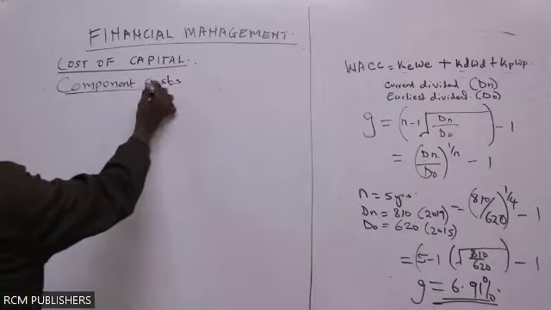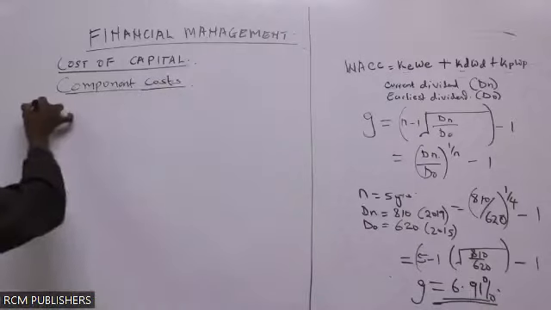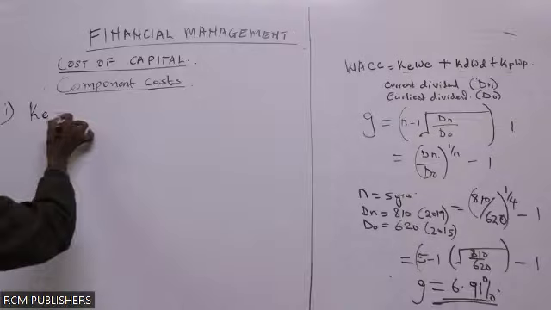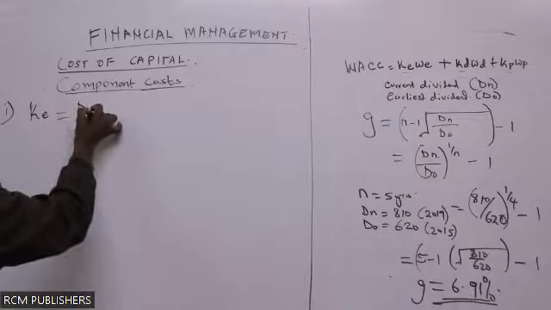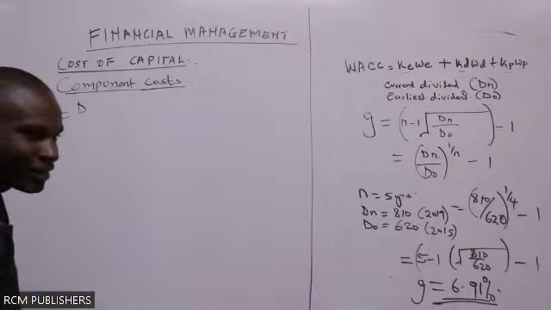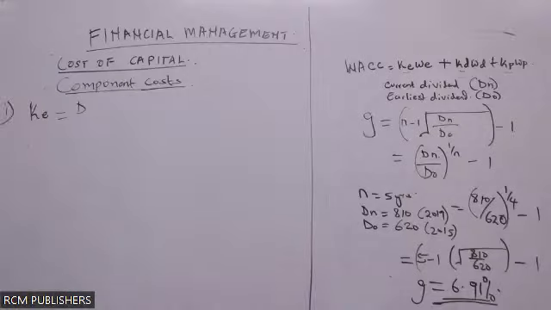I know my component cost of KE, say 1, is equal to DO. Give me the formula of getting the component cost.